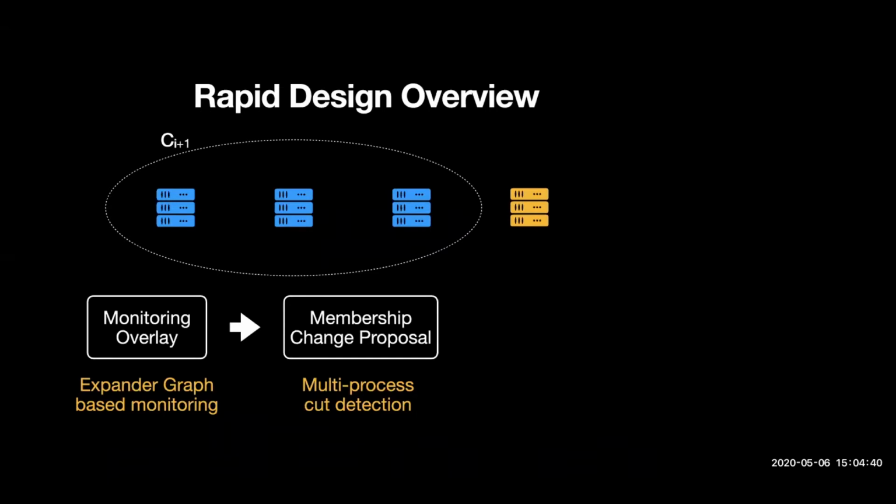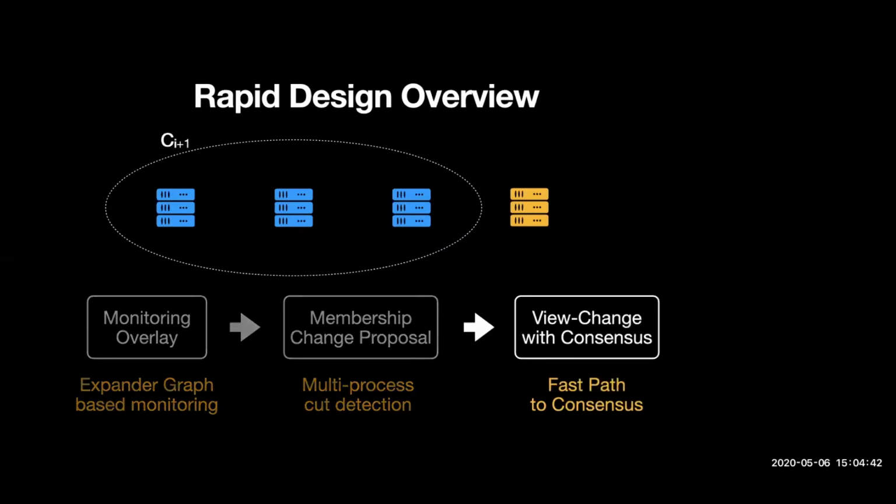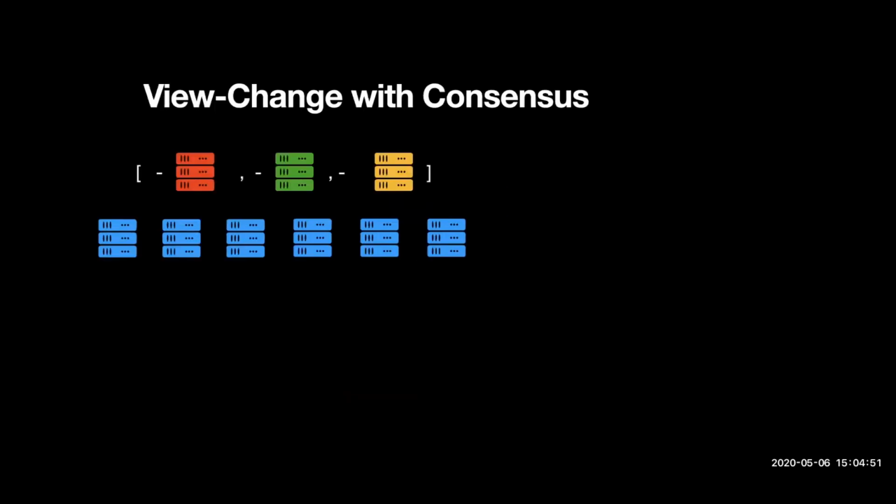So this almost everywhere agreement is basically converted to an everywhere agreement using a multi-leader consensus protocol. All of these nodes in the system output their cuts as a proposal to the consensus stage.